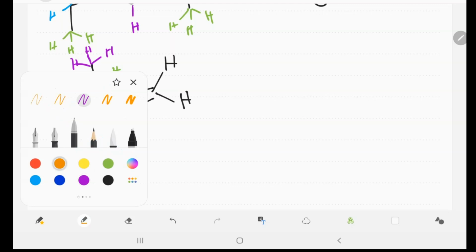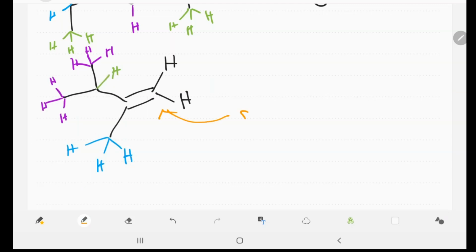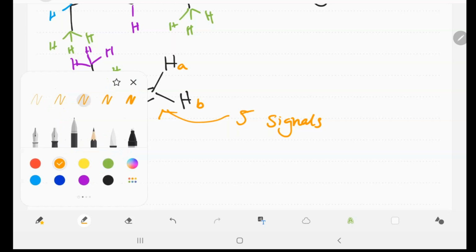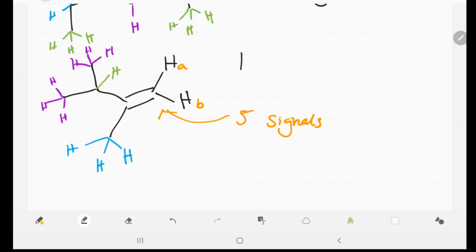We're going to see 5 signals here. Because HA and HB are not equivalent to each other. The reason for that is because on a double bond, they can't rotate. On single bonds, they could rotate.